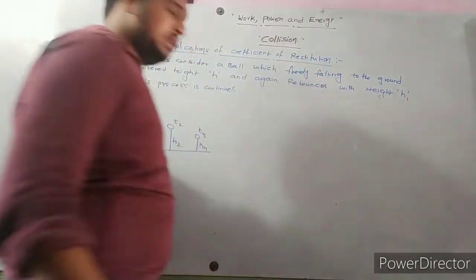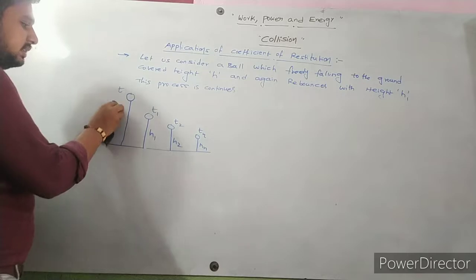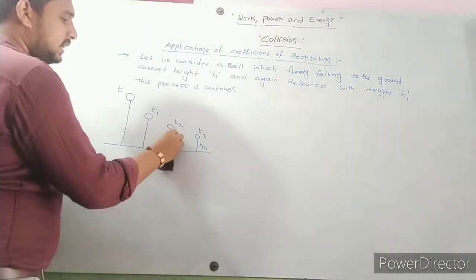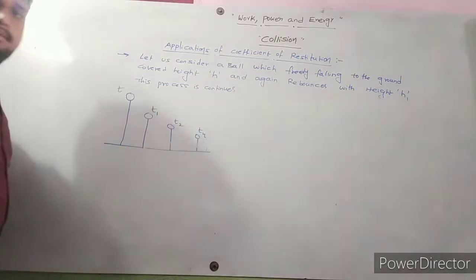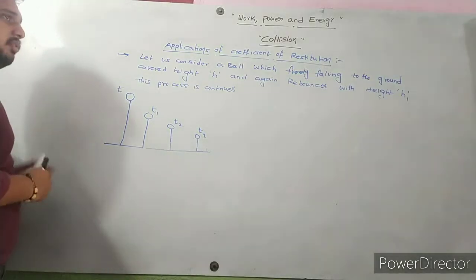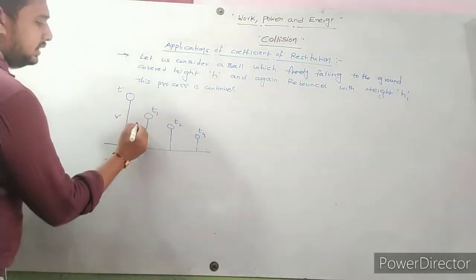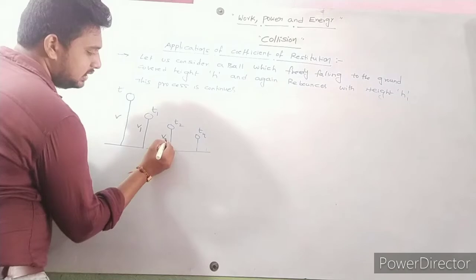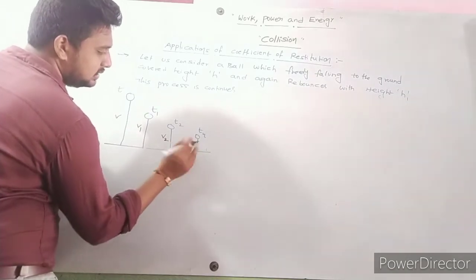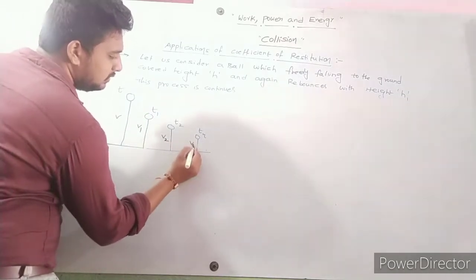So let us consider the velocity here is v, here it is v1, and here it rebounces with velocity v2, and so on up to vn.